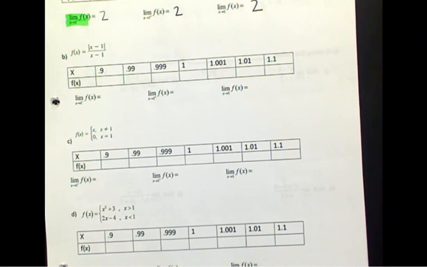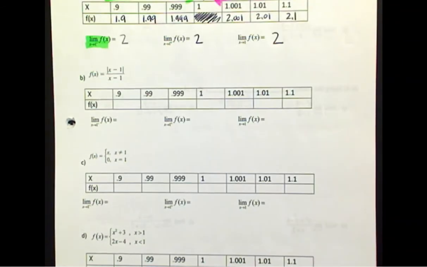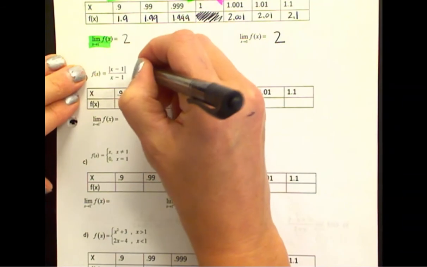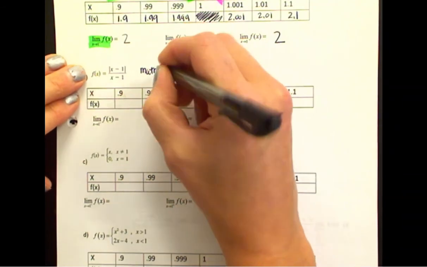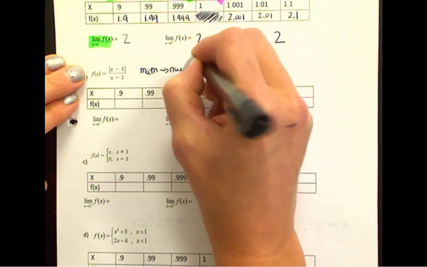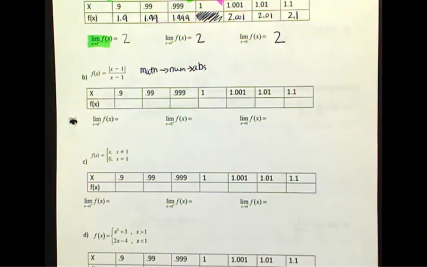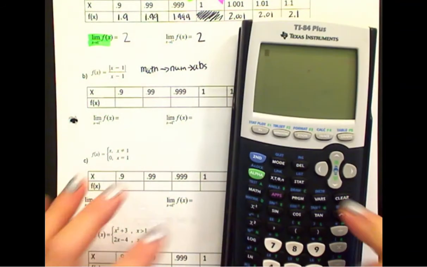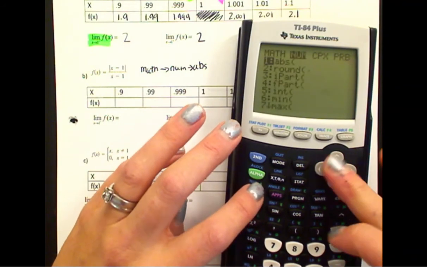Okay. Try B. Yep, absolute value. Okay, that's fine. We can do it. Your absolute value is Math, NUM, ABS. Okay, that's where your absolute value symbols are. Math, number, ABS.